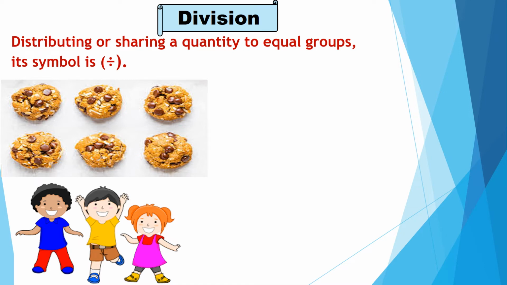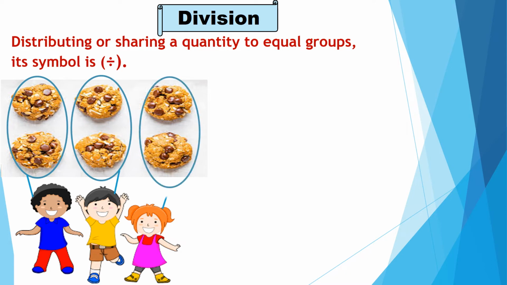No one takes more than the other one. So we will give the first kid 2 cookies, the second kid 2 cookies, and the third kid 2 cookies.